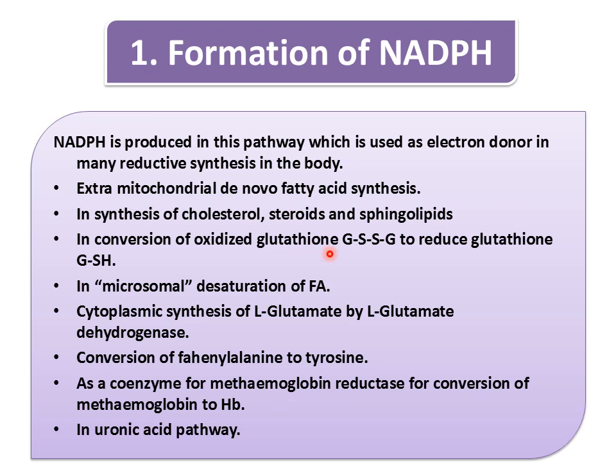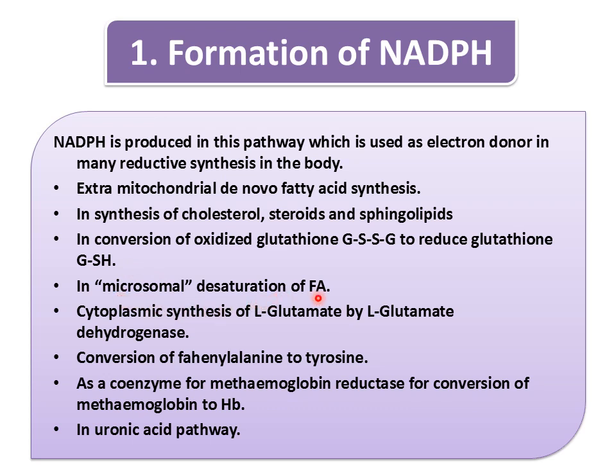It plays an important role in the conversion of oxidized glutathione to reduced glutathione. This we will see in RBC fragility. This reduced glutathione is very essential as it helps in the removal of H2O2.